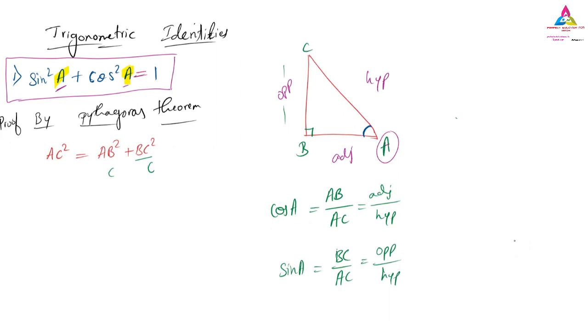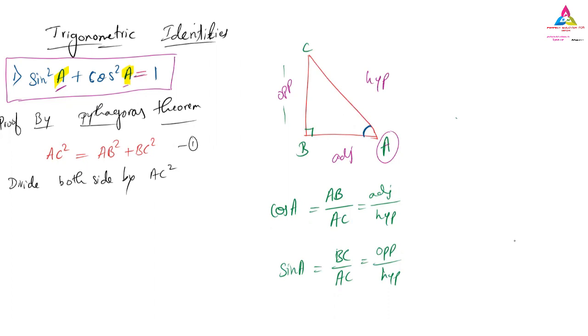For that purpose, I will take equation 1 and divide both sides by AC square.